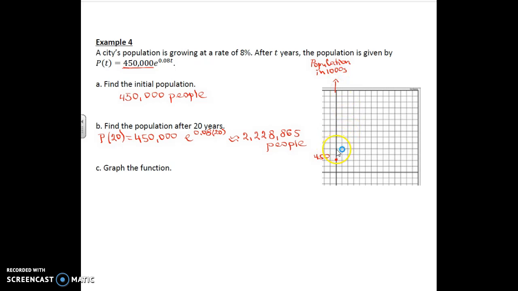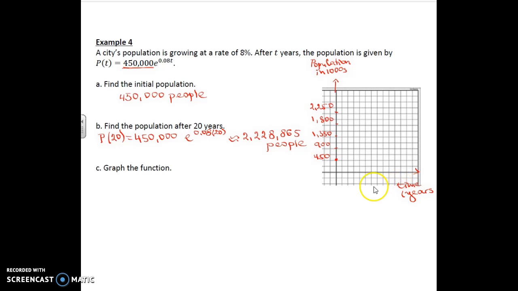I'm going to do that every 2 squares are going to double this initial rate. So this is going to be 900,000. The next one is going to be 1,350,000. The next one is going to be 1,800,000. And then the last one is going to be 2,250,000.